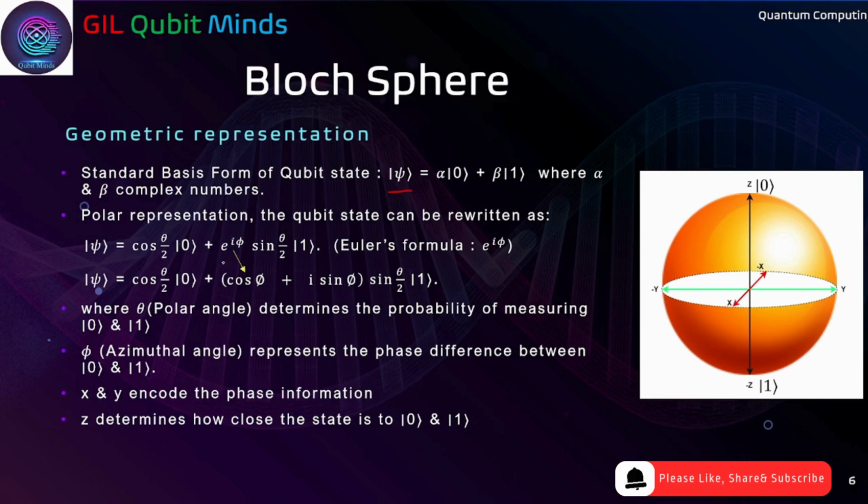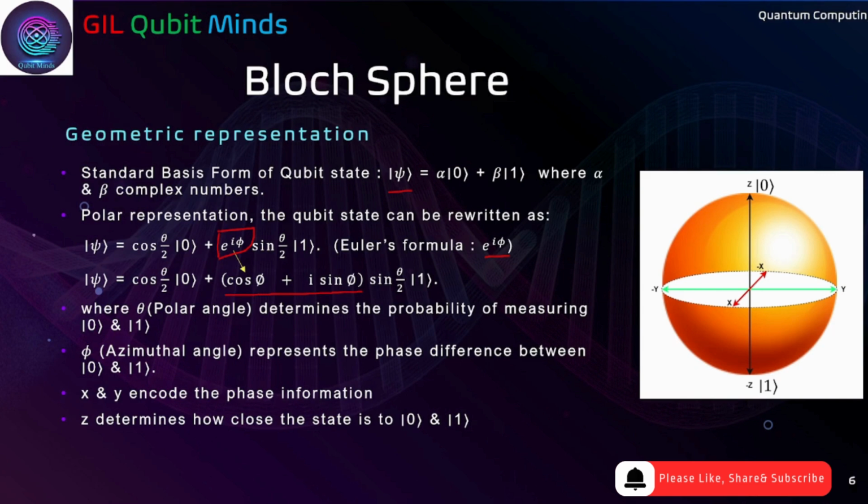Now we know the Euler formula: e to the power i phi we can replace with cos phi plus i sin phi, and it is the same sin theta by 2 of 1. Okay, we'll see later why we are multiplying this element only with the second one.